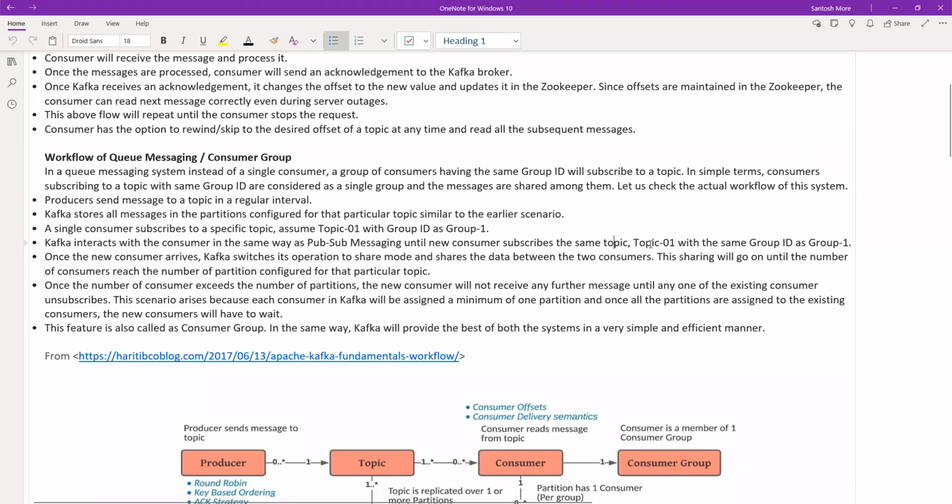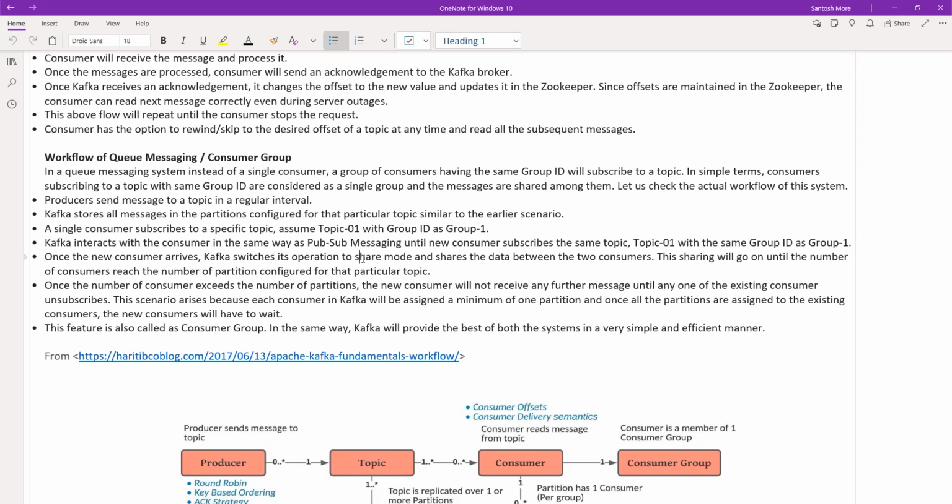When a new consumer subscribes to topic 01 with the same group ID, Kafka switches its operation to a shared mode. Earlier, with two partitions in topic 01, a single consumer would interact with both partitions and consume messages from both.